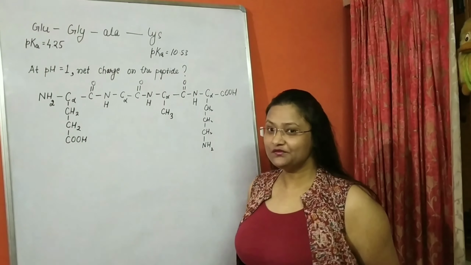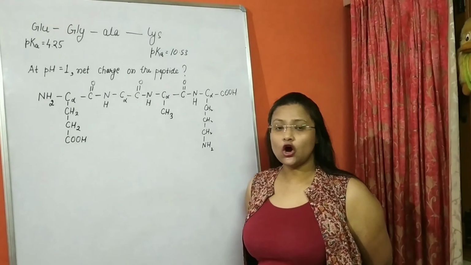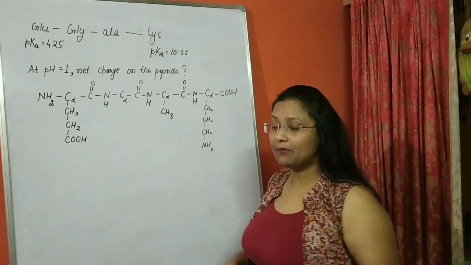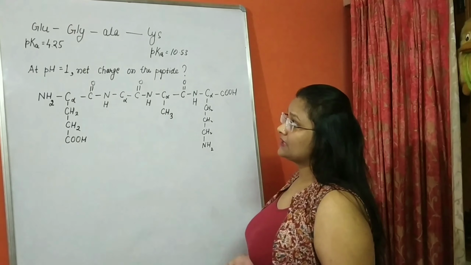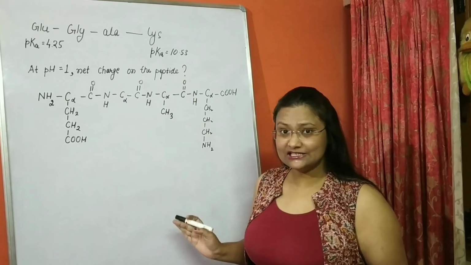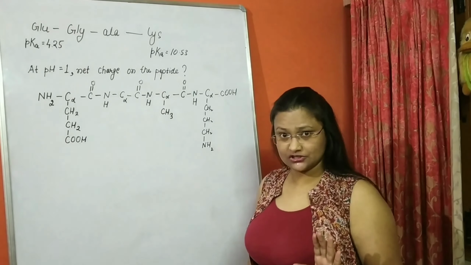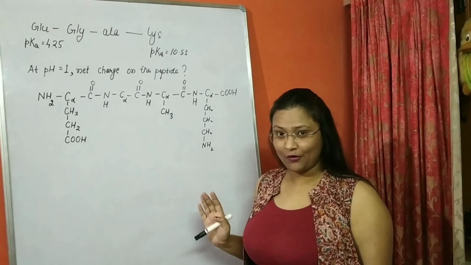So we know very well that when we find out the net charge on a particular peptide at a particular pH, apart from finding out the charge on the side chains, we also find out the charge on the extreme left and right of the polypeptide.